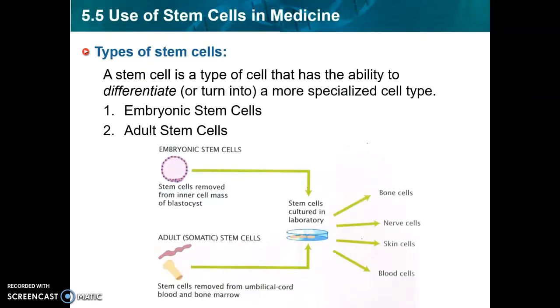All right, last up we have stem cells. So these stem cells are going to be actually in chapter 5 of your textbook if you're looking up this information. And the types of stem cells we're going to talk about are either embryonic stem cells or adult stem cells.